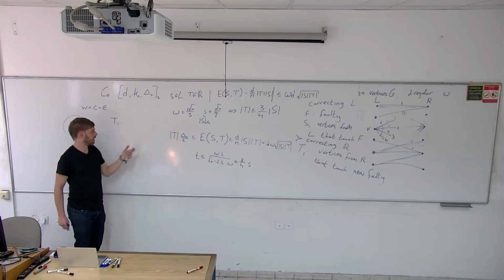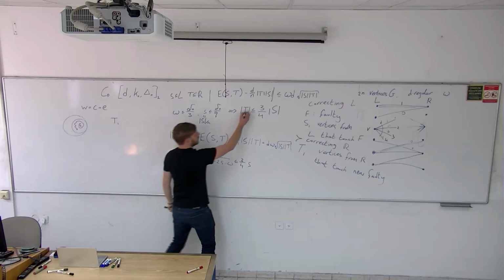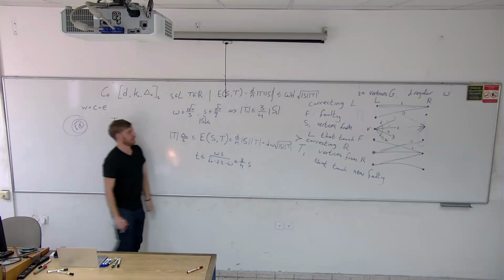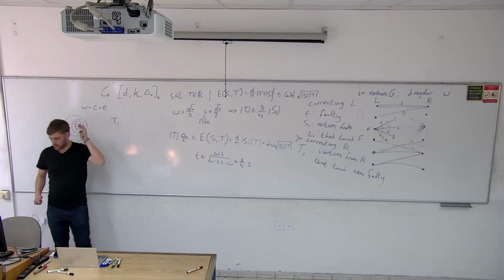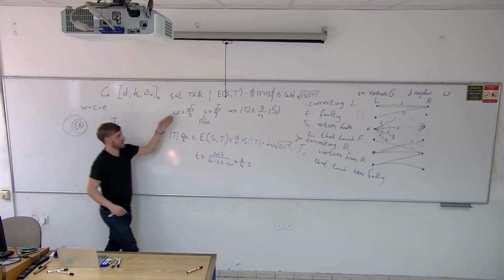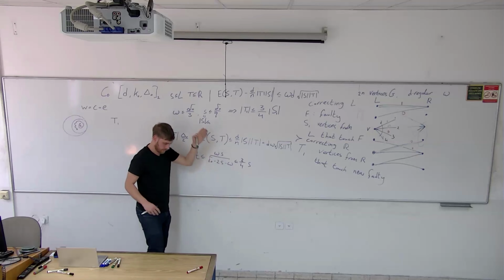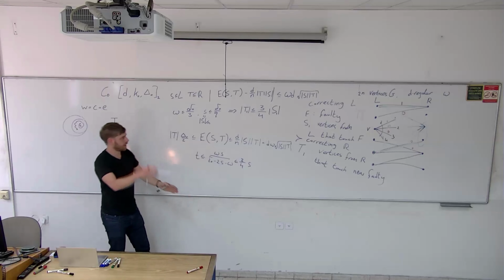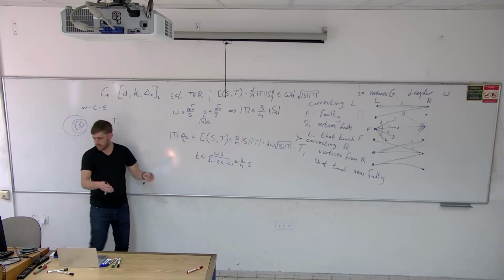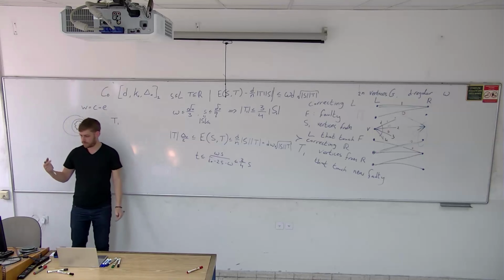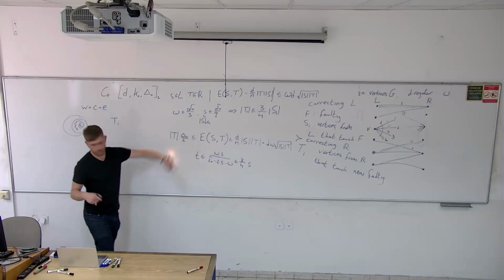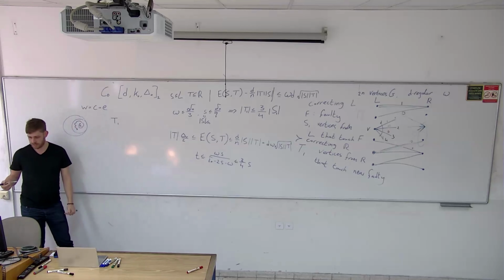The lemma ends the proof when this is T1 and S1. And this is basically the end of the proof of the decoding algorithm, because we will correct the left side and then the right side and then the left side again. And S and T will shrink by a multiplicative factor of 3 over 4 in each iteration.